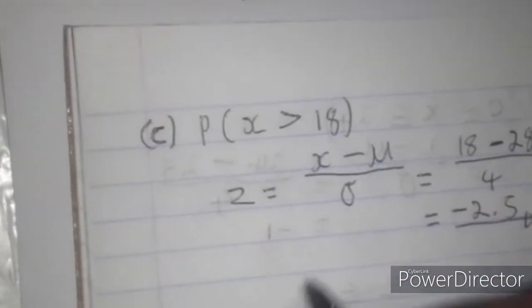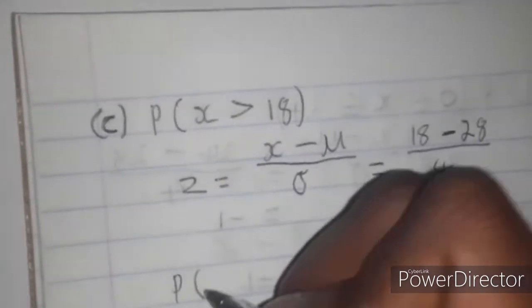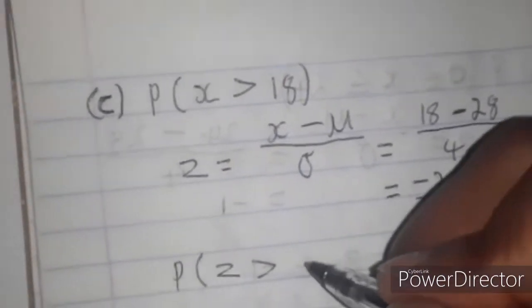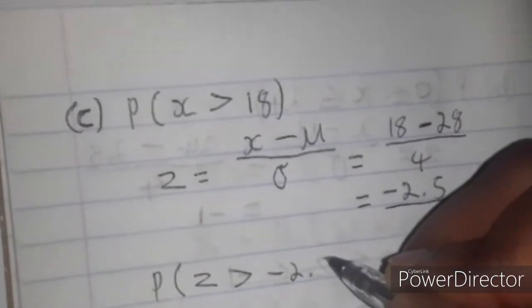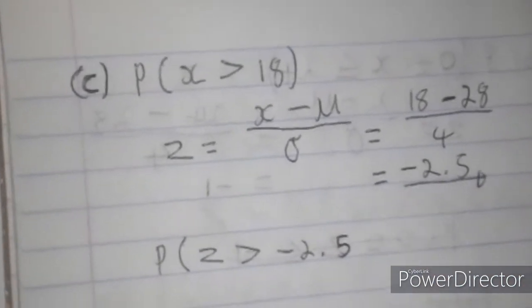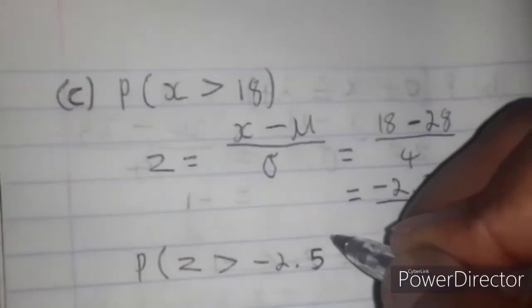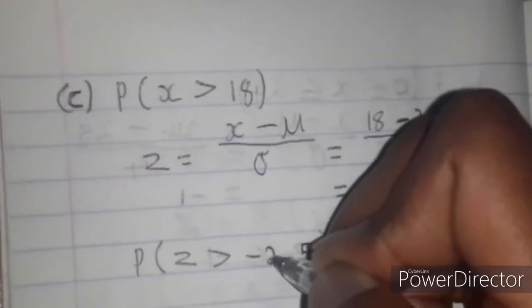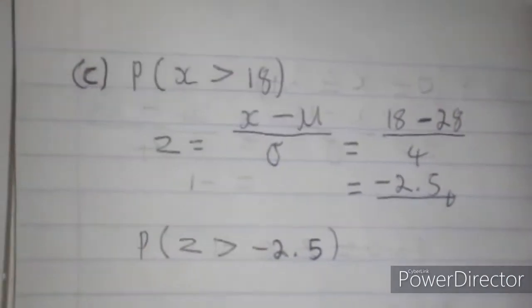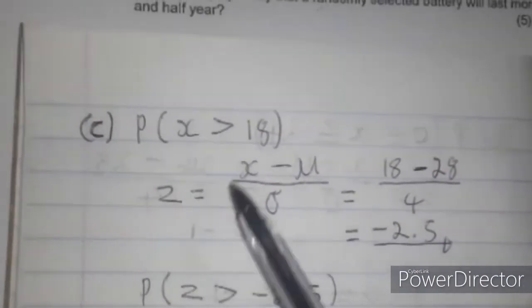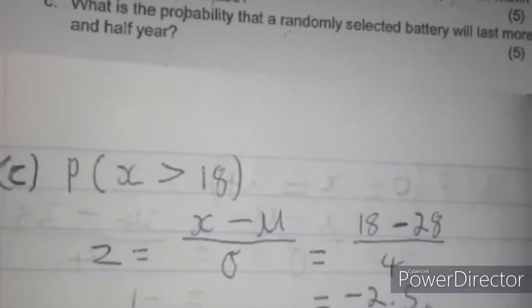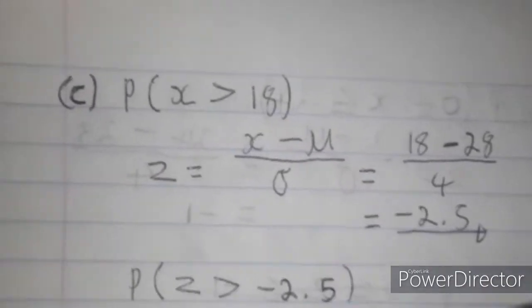So the next step is Z is more than negative 2.5. We're changing X to Z, 18 to negative 2.5.